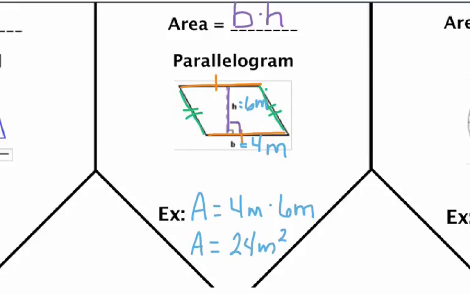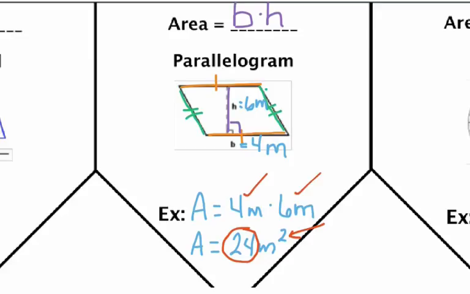The area of this parallelogram would be 4 meters times 6 meters, which gives us 24 meters squared. And just like before, we have an exponent of 2 on our unit of measure because we multiplied 2 dimensions or 2 measures to get this 24.